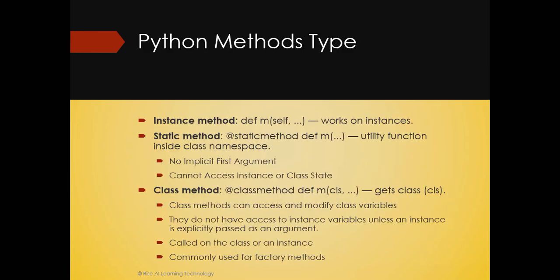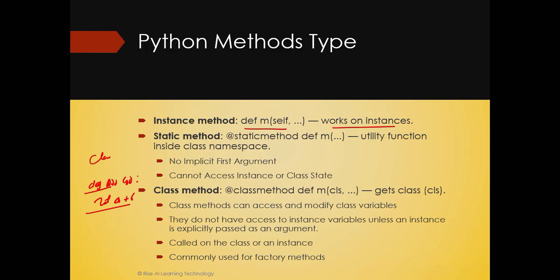There is another thing here: method types. Till now we were discussing, within a class, simply creating one method, def add, which takes a and b as two parameters and returns a plus b. This is by default an instance method, which works on the instances with the self parameter. But in some cases you want to create a static method of the class.